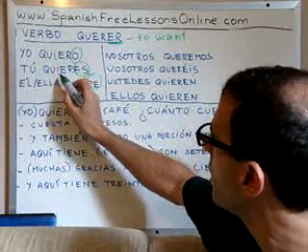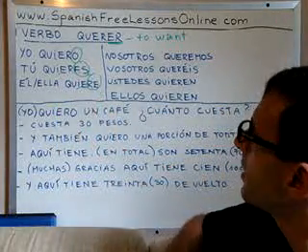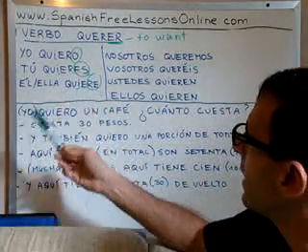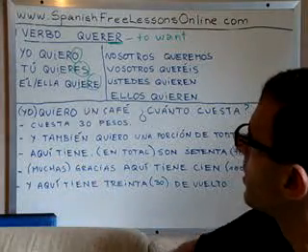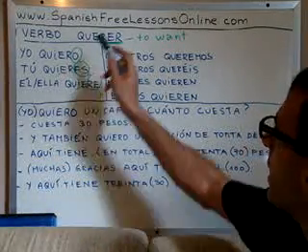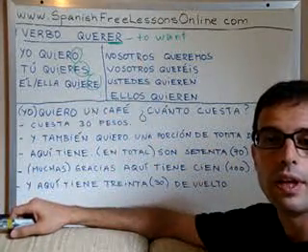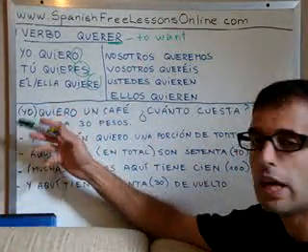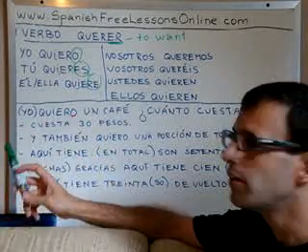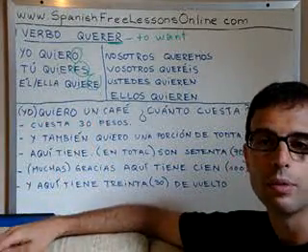You see, that's why this is an irregular verb, because it's not exactly the same as all the regular verbs that end in er. Many other verbs are the same in the conjugation, but they add a letter I, like the verb entender, to understand.